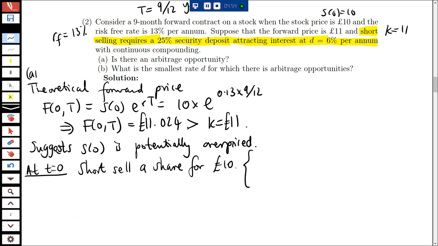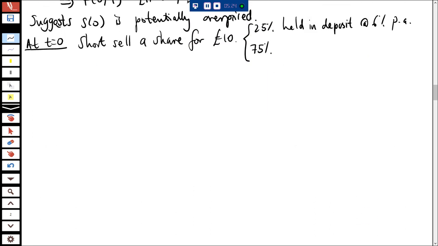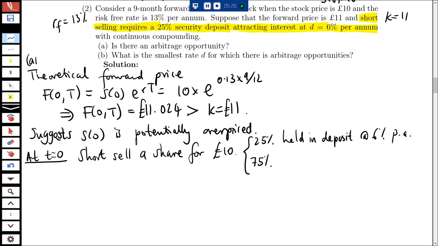Okay, so we have 25% held in deposit at 6% per annum from the short, and the remaining 75% that we collect from the short, we should invest at the higher rate, the risk-free rate of 13%.